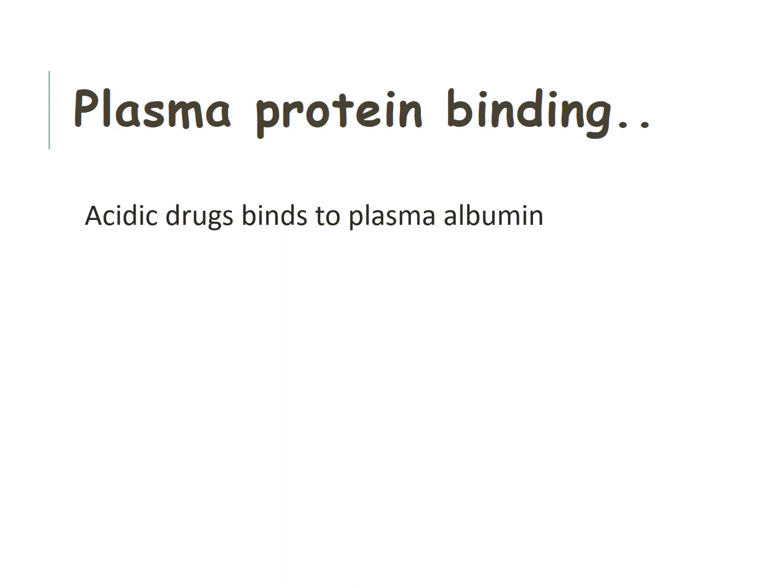Acidic drugs bind to plasma albumin. Mainly there are two types of proteins in the blood: one is albumin and the other one is glycoprotein. The acidic drugs bind to plasma albumin, for example aspirin, warfarin, sulfonamides and so on.